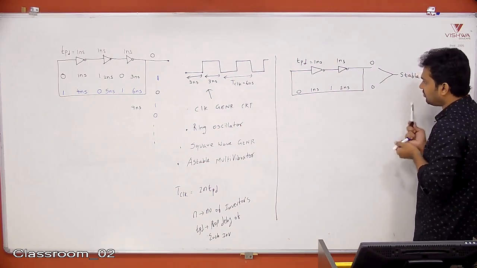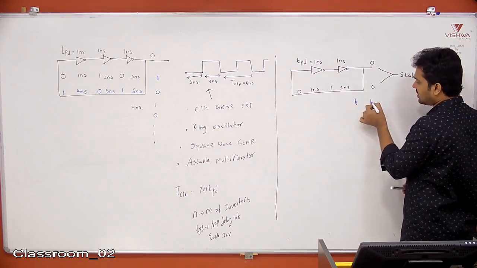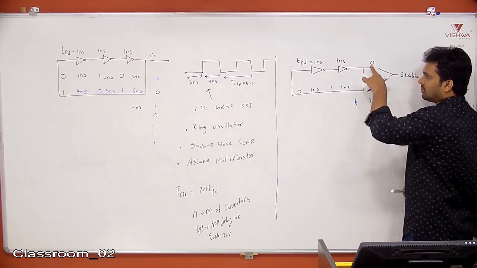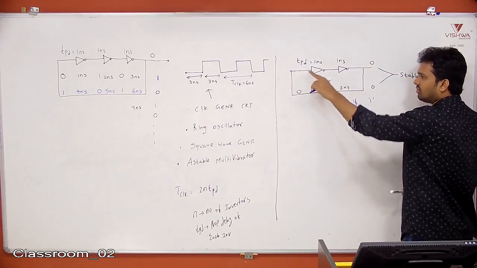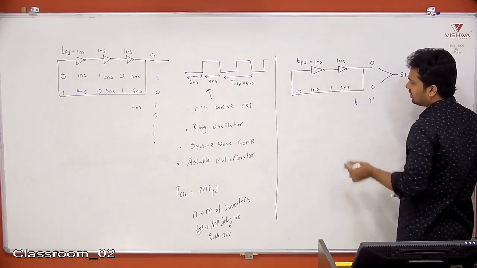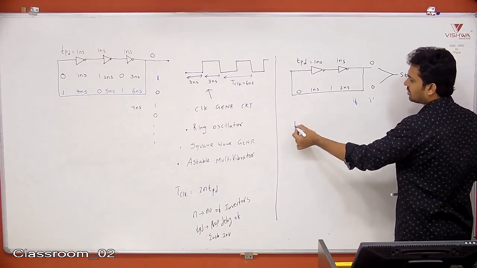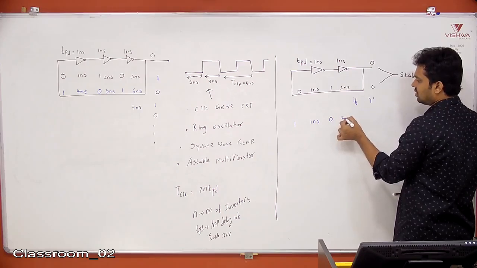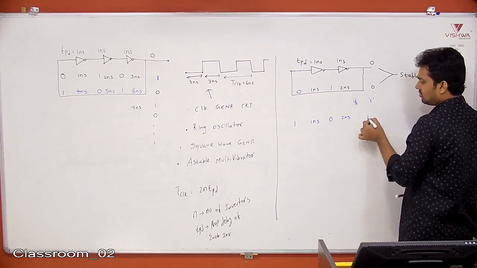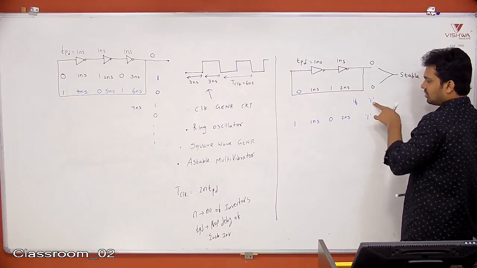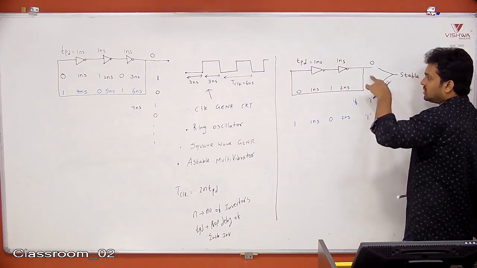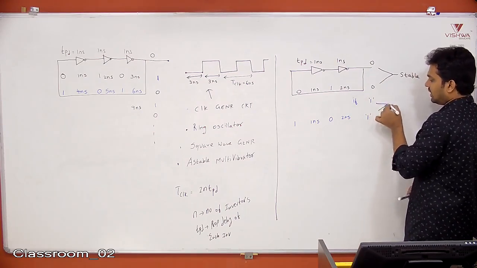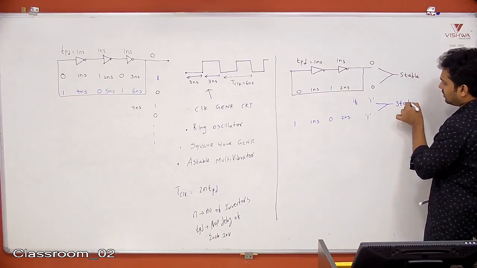Suppose initially 1 is present, if I am assuming output is 1, or if I have given input as 1 after removing this wire, then 1 will go back. After 1 nanosecond, 0, after 2 nanoseconds, again 0 inversion is 1. So whatever you have, that will be present. It may be 0 or it may be 1. Again it will be stable or constant.